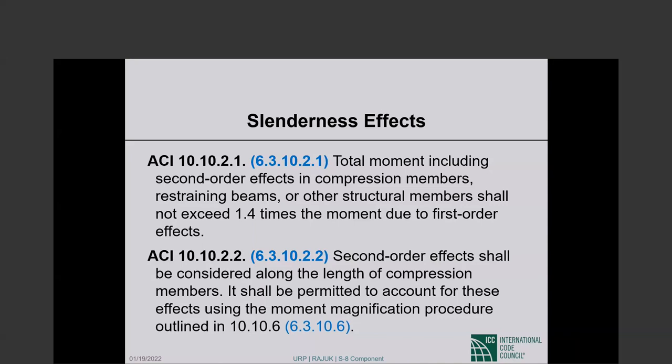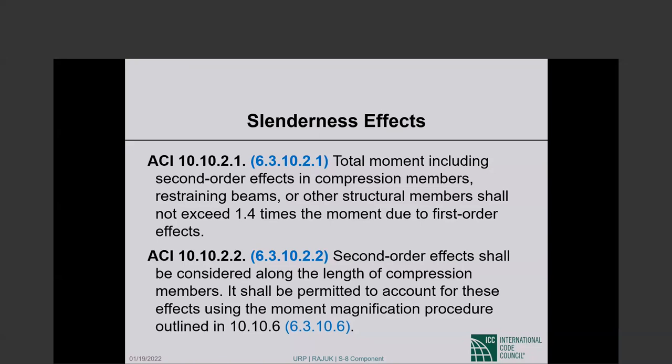The concern is beyond that, if the moment, including slenderness effects, is more than 140% of the first order moment, there is potential instability, and we do not go there.